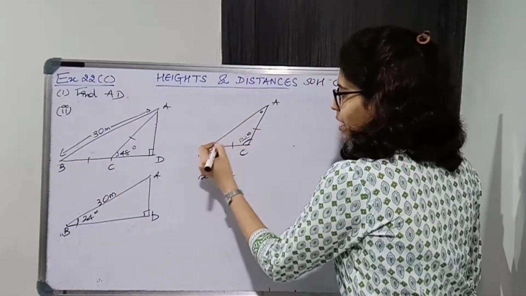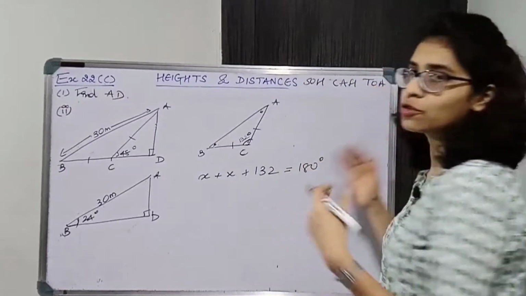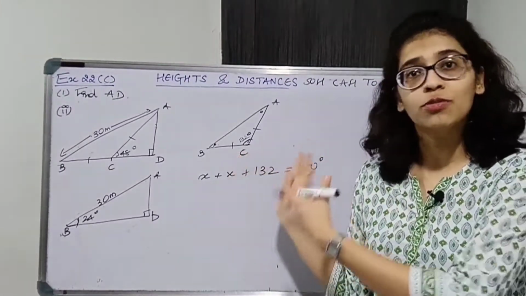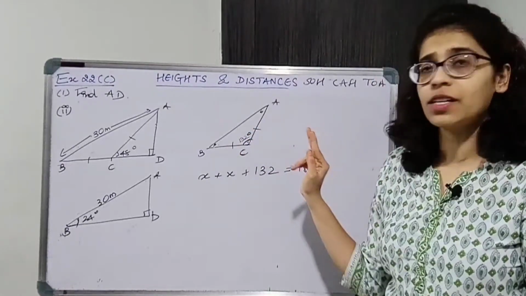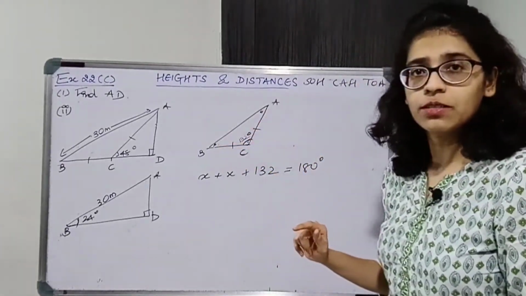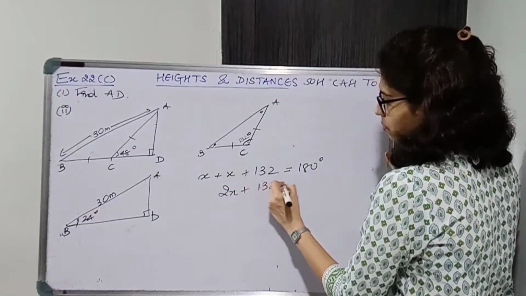So x plus x plus 132 is equal to 180. Sum of all angles of a triangle is 180 degrees. So you can use this property. So पहले linear pair से find this. Once you get the angle of the triangle, you can easily find the remaining two angles. Okay. So 2x plus 132 is equal to 180.